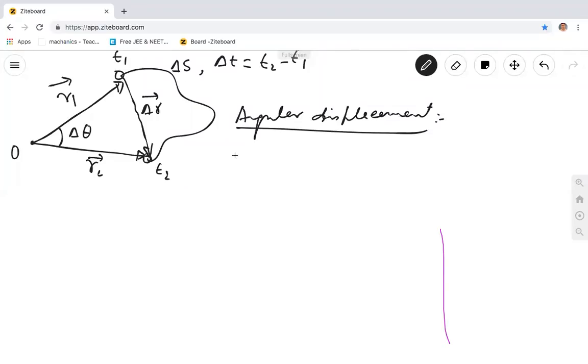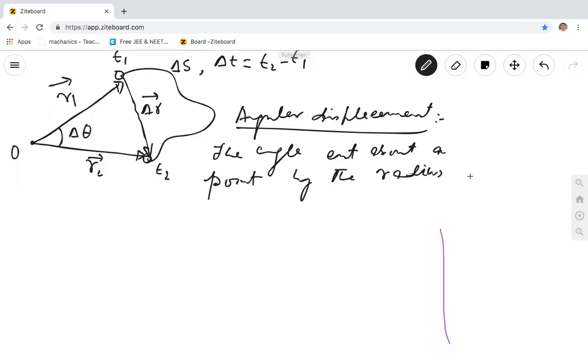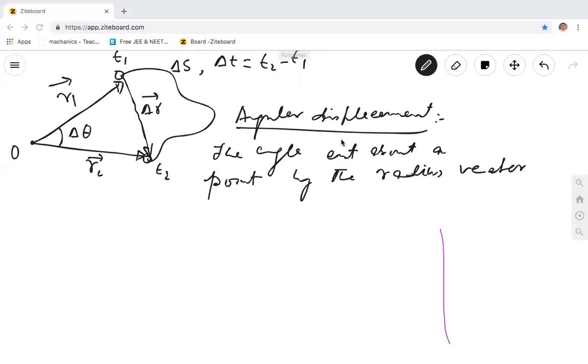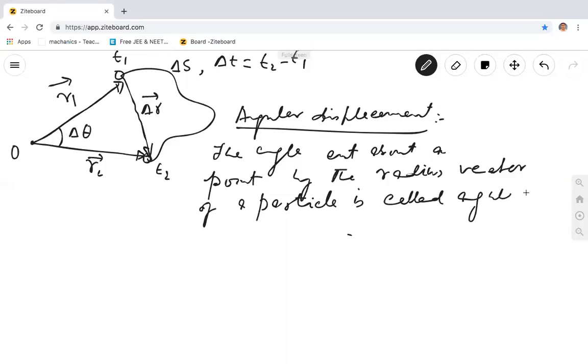Angular displacement: the angle cut about a point by the radius vector of a particle is called angular displacement.